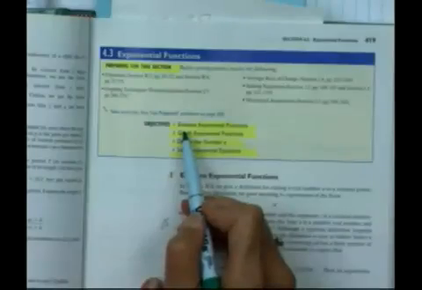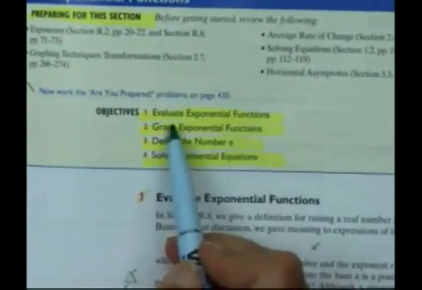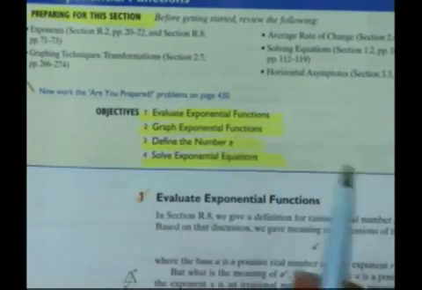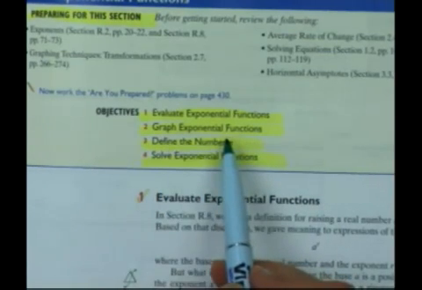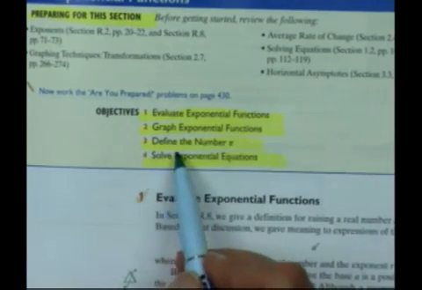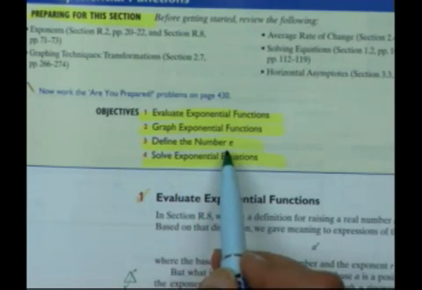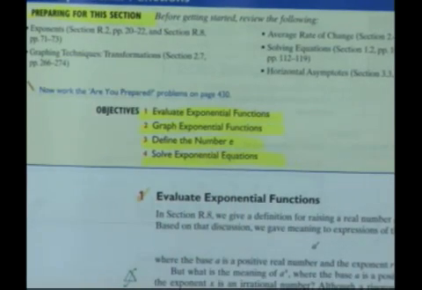All right, let's look at page 419 at our objectives for this chapter. We want to be able to evaluate exponential functions, meaning plug and chug. We want to be able to quickly graph exponential functions, so we'll have our transformations. We want to define the number e. E is an irrational number. Who can already tell me what e is approximately equal to?